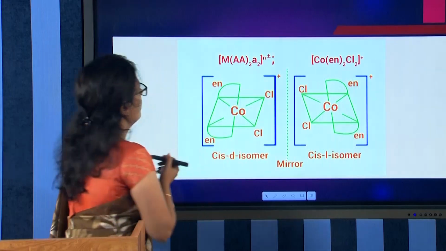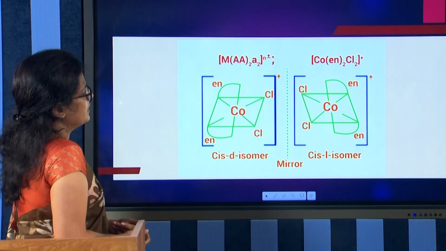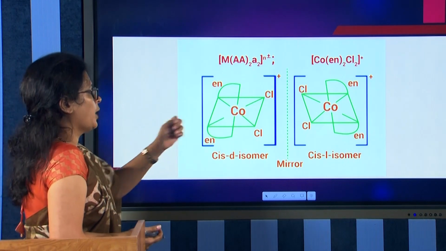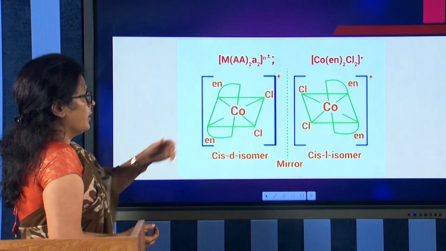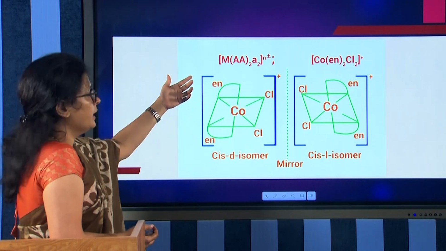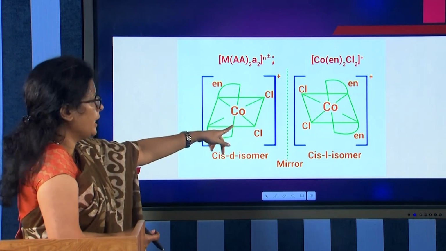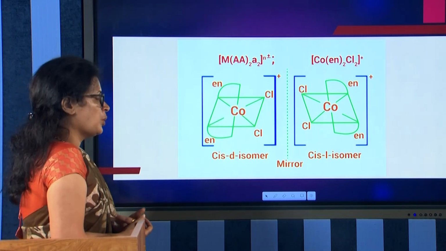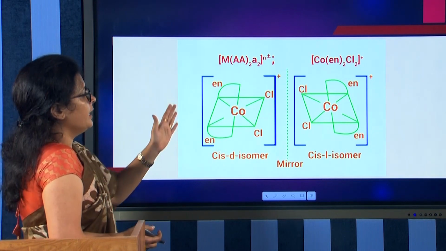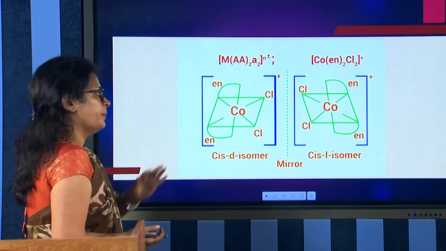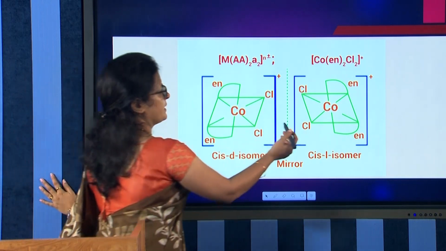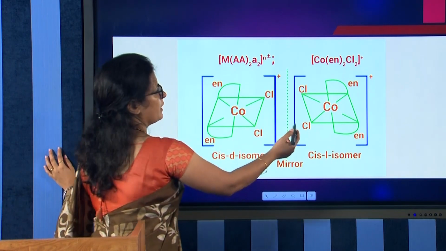And now, here is an example. See the example, Co Cl twice en twice, which belongs to this category, generally MAA twice B2 type. And if I take a mirror image of this complex, I will get a complex like this. This is the mirror image.